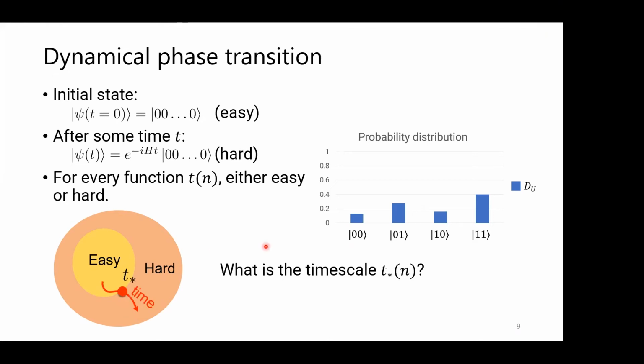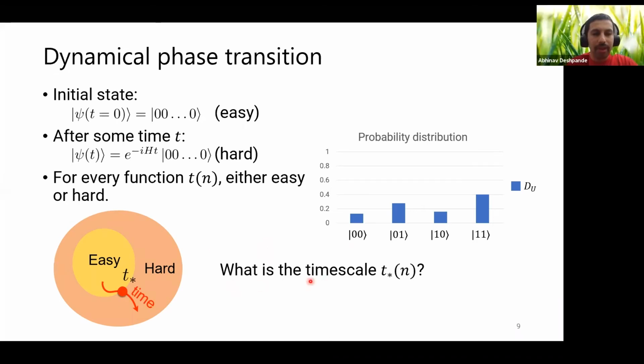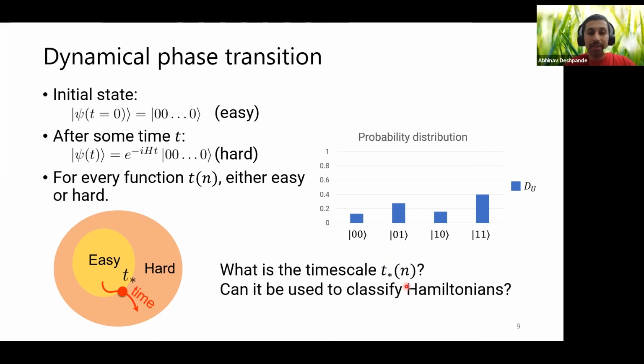So as I said, it makes sense to look at this time scale t star of n for various Hamiltonians or various classes of Hamiltonians and see how it depends on the class. For example, you might expect that chaotic or fast scrambling Hamiltonians might have a smaller time scale t star than, say, an integrable Hamiltonian.